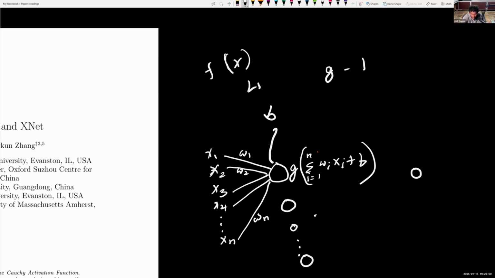This is a fixed function, so it is not one of the parameters that is trained. What we are actually trying to find during backpropagation are the wi and the b. That is what we are trying to find.